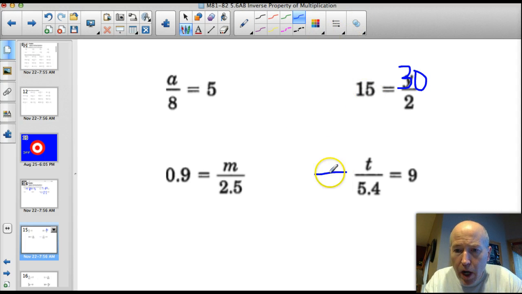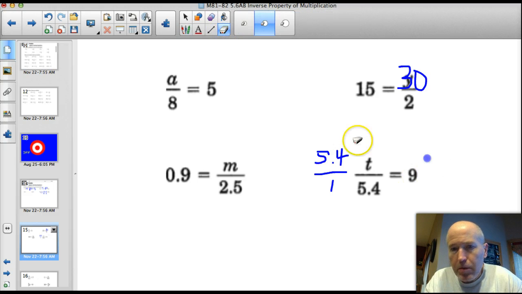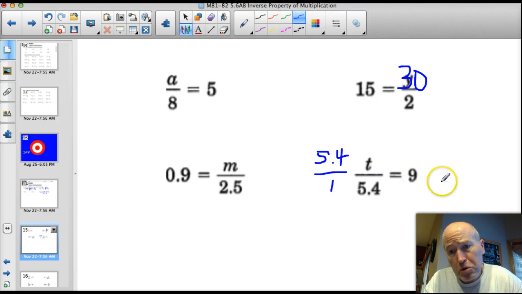All right, so I'm going to multiply this by the opposite, which would be 5.4 over 1. And of course I've got to do the same thing on this side. I'm getting like the Khan Academy guy, just writing with these little pens.